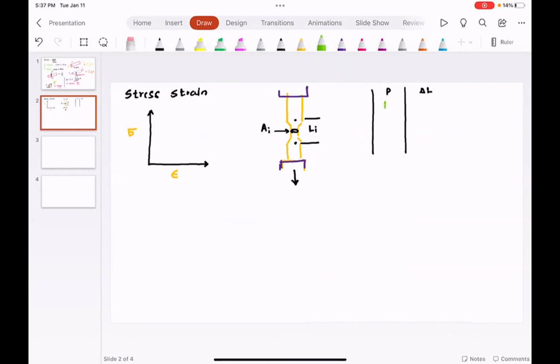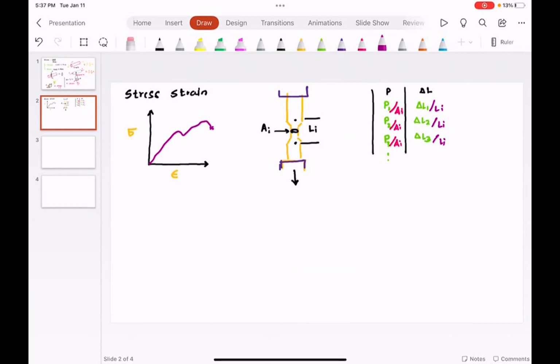So you will have P1, P2, P3, etc., and you would have delta L1, delta L2, delta L3, etc. The important point is that to find stress, you divide all the P's by the initial area, and you divide the delta L's by the initial length, also called the gauge length. And then you'll plot this and you'll notice this type of behavior.